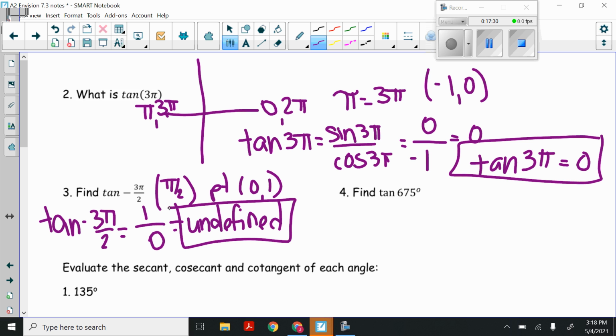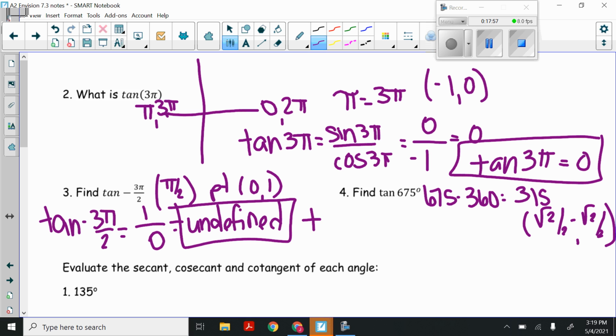Let's find the tangent of 675 degrees. 675 is not on our unit circle, it's bigger. So let's find out where that is on the unit circle. So subtract 360 from that. So 675 minus 360 puts us at 315. So go to 315 on your unit circle, and the point we're looking at is the square root of 2 over 2, comma, negative square root of 2 over 2.